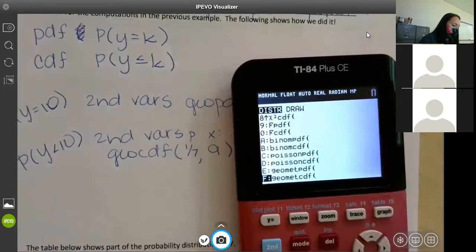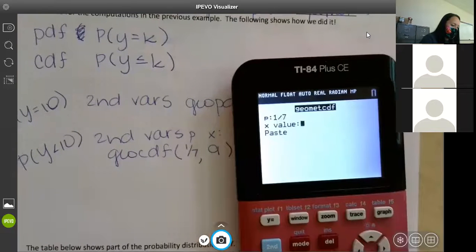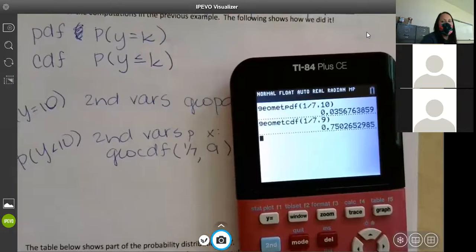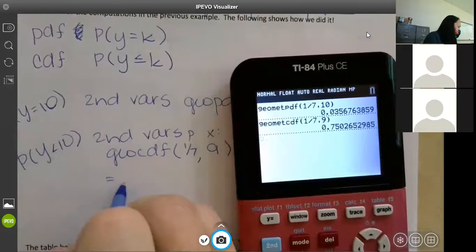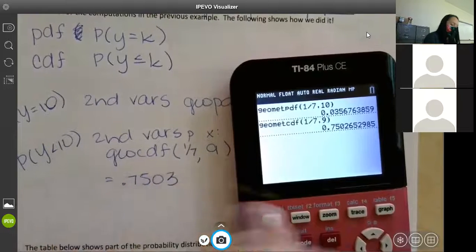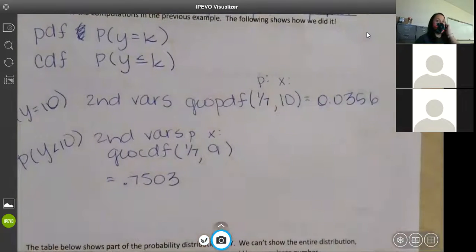Second vars, GeoCDF, 1/7, 9. And we get 0.7503-ish. And that's it. Okay, so don't forget that. Again, if you have to do greater than, you're going to change it, that 1 minus or whatever.